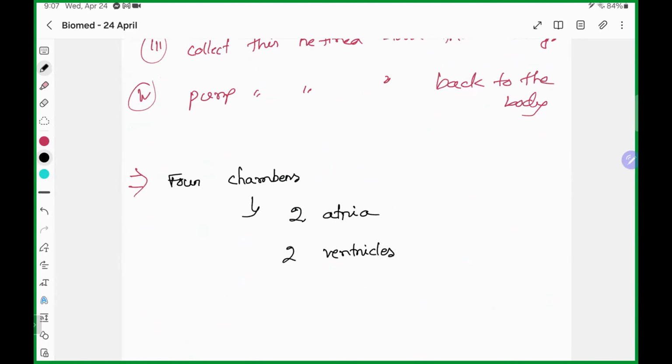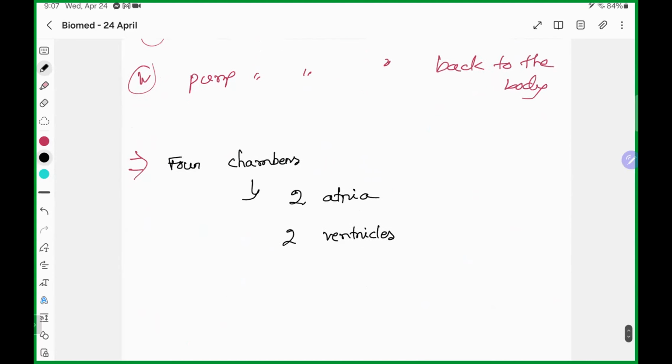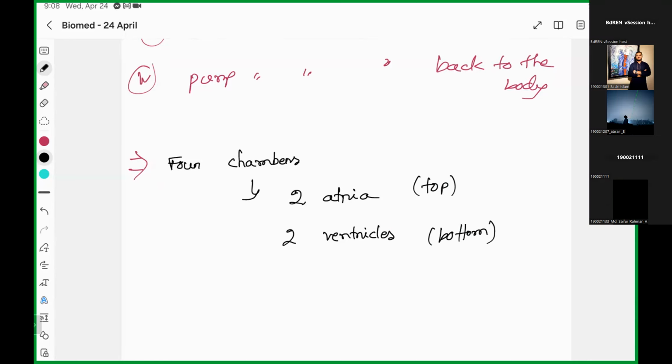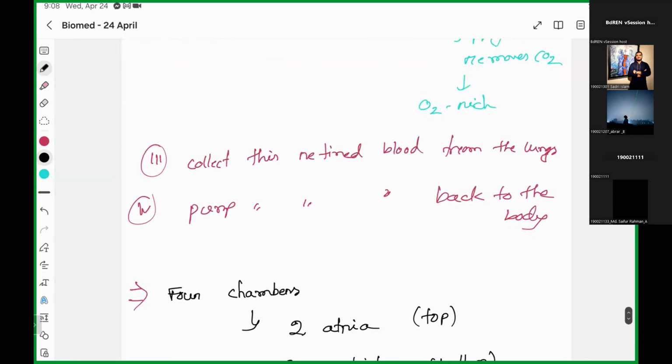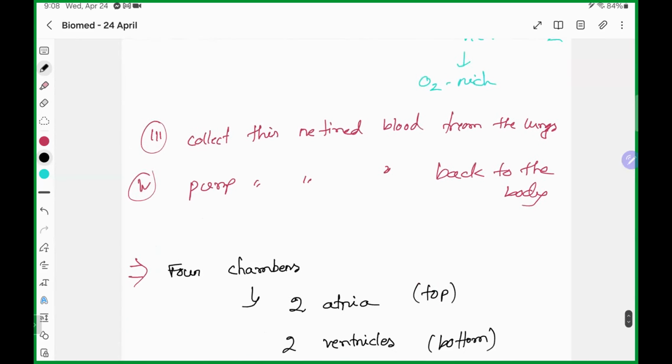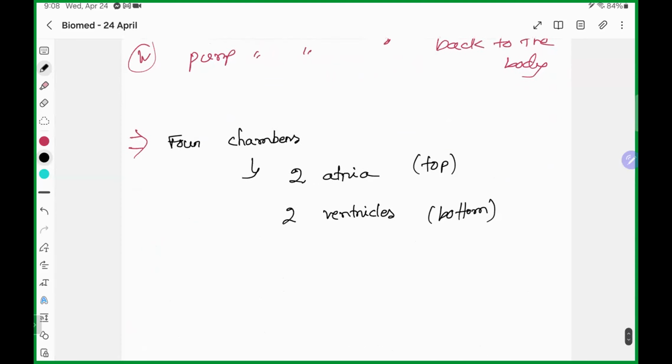The singular of atria is atrium. The atria lie in the top, the ventricles lie in the bottom. So you have a total of 4 chambers, 2 atria and 2 ventricles. They work together to perform the 4 tasks.